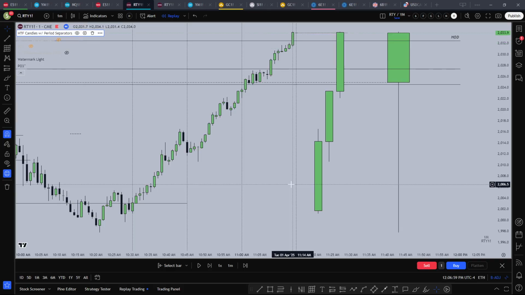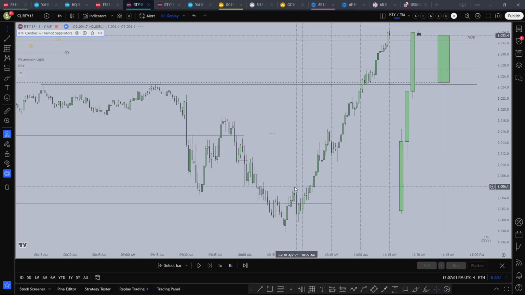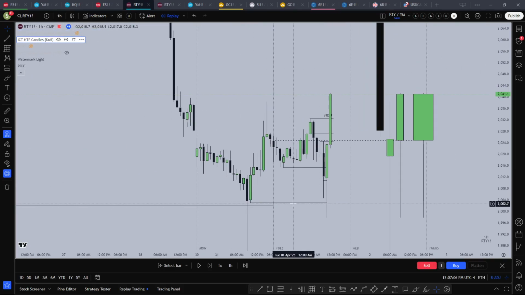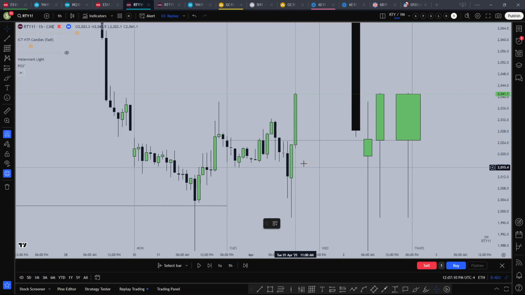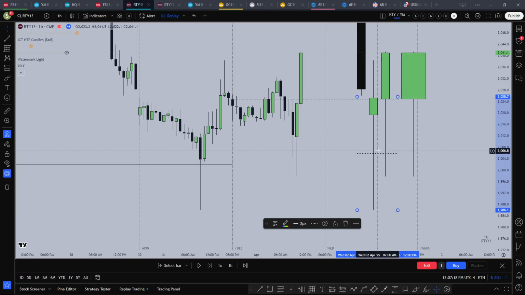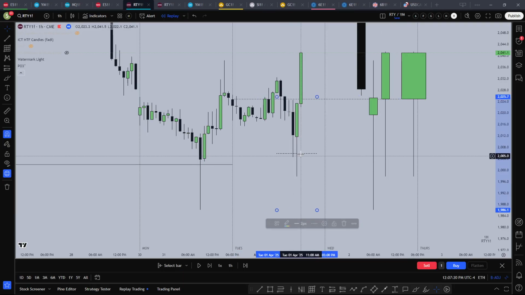So, going on to the next day. Not too good of a price action on this. You would need to use EQ of this range. EQ of previous day's range being respected, price displacing away from it.